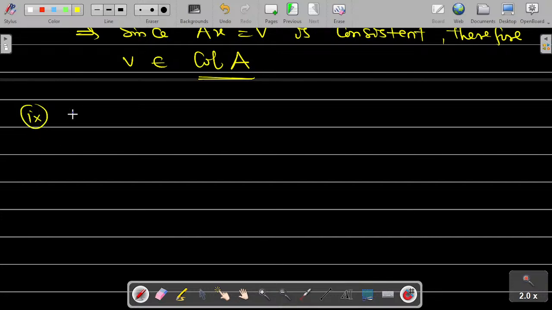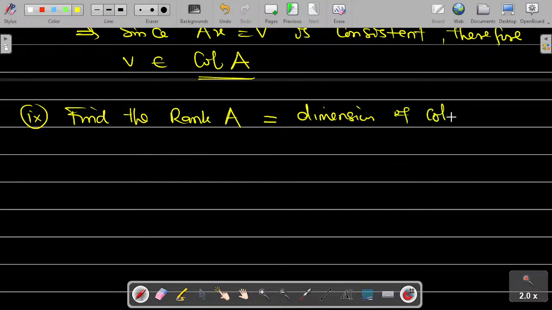They said we should find the rank of A. And they gave us a hint there that the rank of A, even without reading the hint, is simply equal to the dimension of the column space of A, the dimension of col A. So if you can get the column space of A, the dimension of that col space is simply equal to the rank of your A.